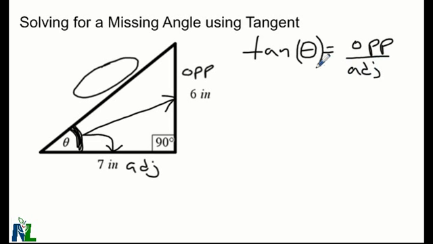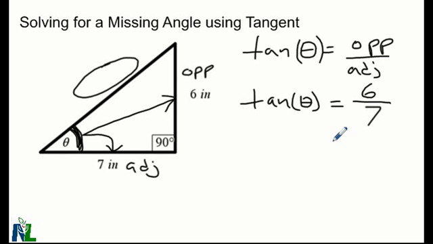Theta, we don't know. Theta, we're going to try to find. But we know that there's information in the diagram that we can transfer to the trig ratio. We know that the opposite side is 6 inches, so we'll put 6 in place for the opposite side. And we know that the adjacent side is 7 inches, so we'll replace the adjacent side with 7.